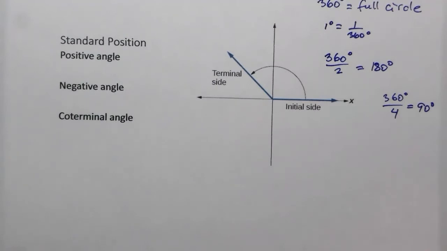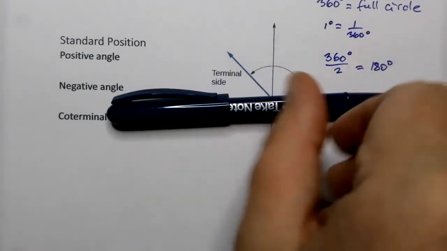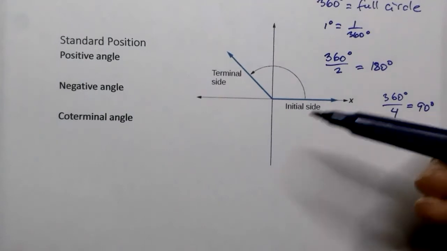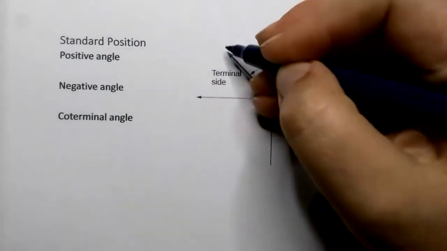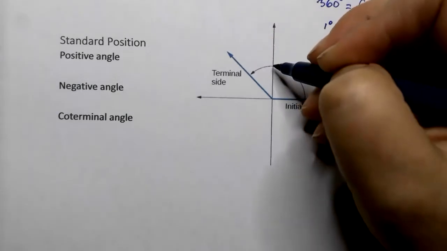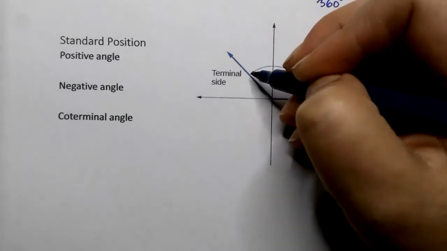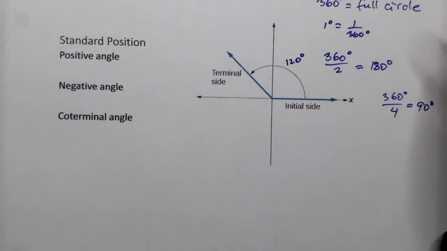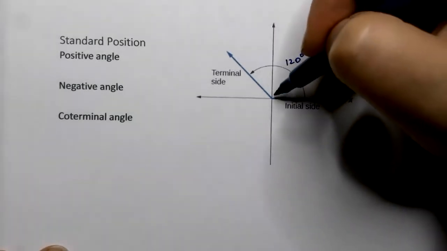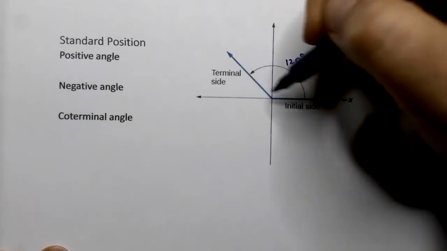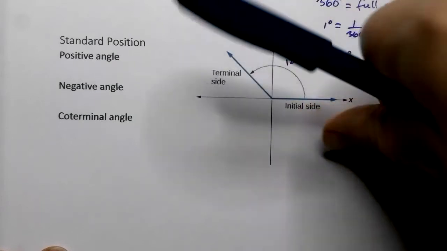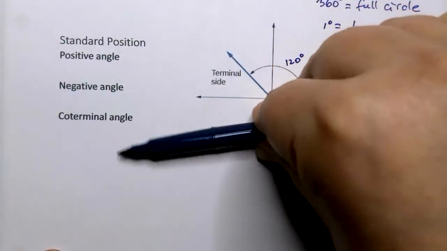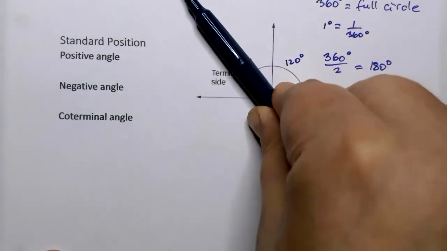Now if we rotate in a positive direction, and let's say this is a 120-degree rotation. Now our terminal side is right here. We could actually have the same position of the ray if we went in the opposite direction and also stopped in this position.